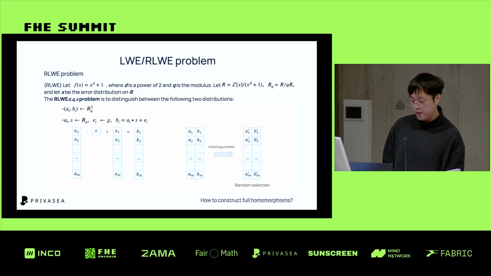For example, AS plus E is linear. So AS plus M1 plus E plus AS plus M2 plus E is equal to AS plus M1 plus M2 plus E, right? So the core problem of FHE is how to construct the homomorphism of multiplication.